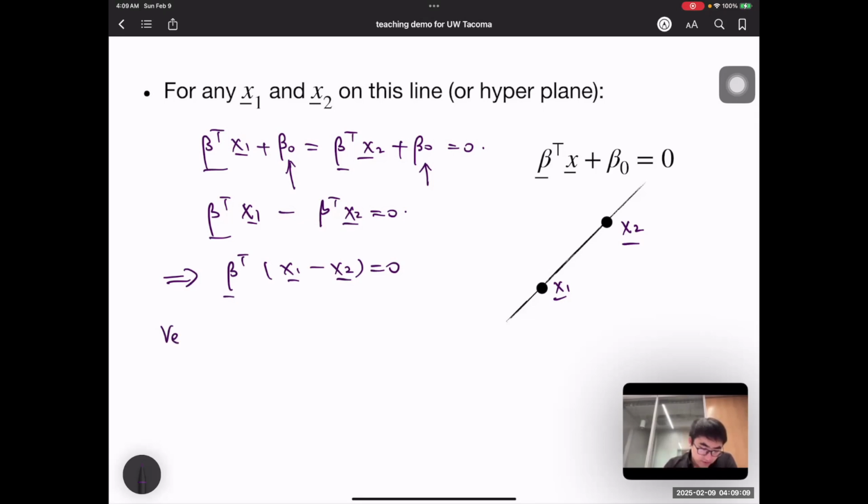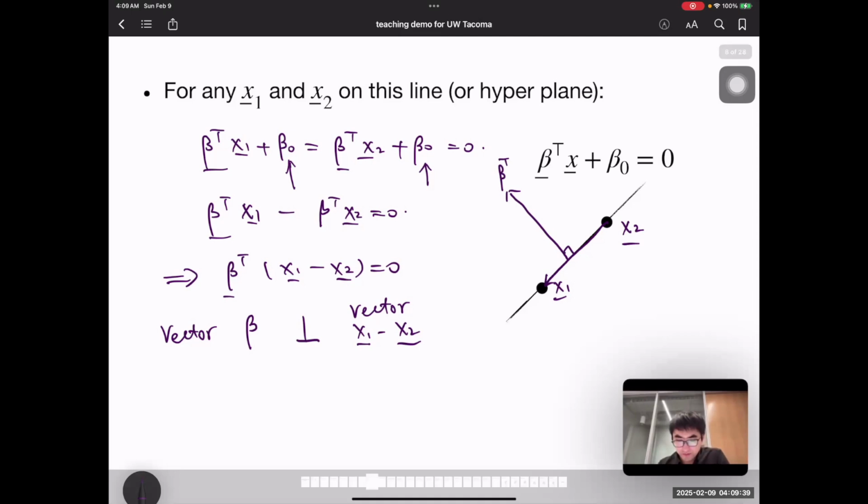Here, beta is a vector, and x1 minus x2 is another vector. What this equation tells us is that these two vectors are perpendicular to each other. If we look at the figure shown on the right, the beta vector is perpendicular to this vector, and the angle is 90 degrees.